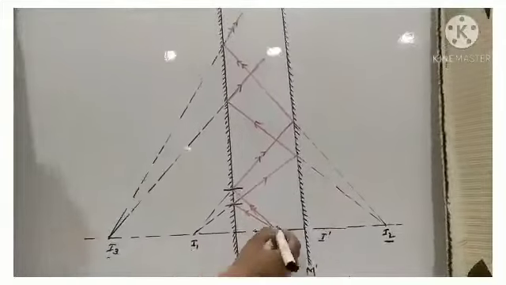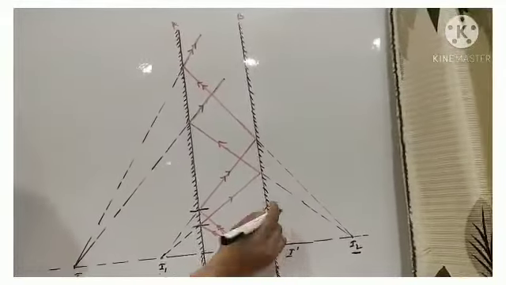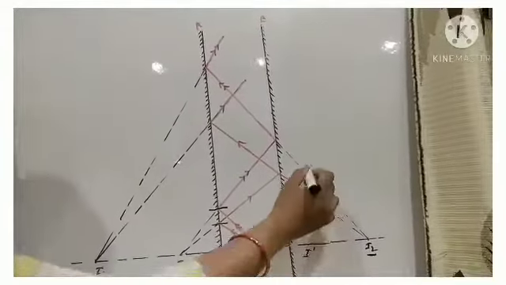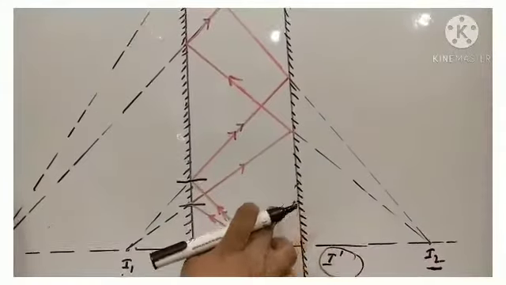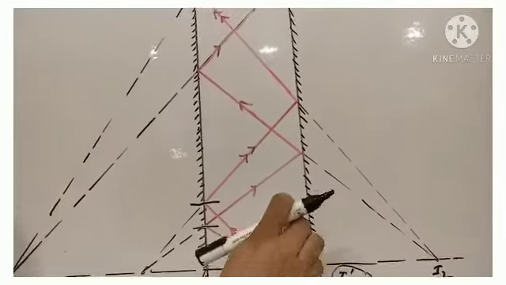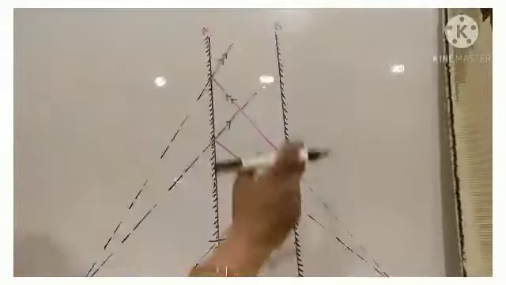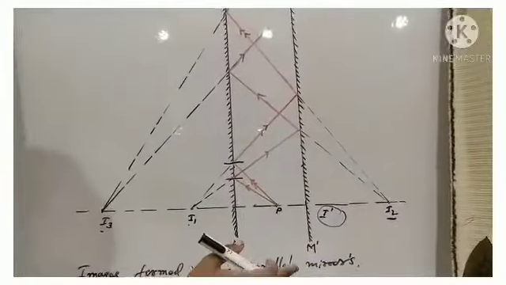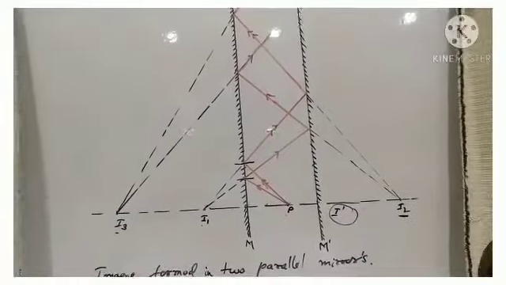Now suppose we have taken two more incident rays which strike the mirror BM dash. After reflection it goes, and when we extend, we get this point as the image of this object. We are not drawing those rays because it would complicate the diagram.